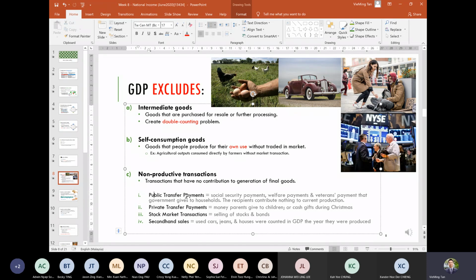These funds are used to help the poor, the low-income people, to survive or maintain their living standard. Once received by the poor people, usually there is no return or no contribution in the production activities.